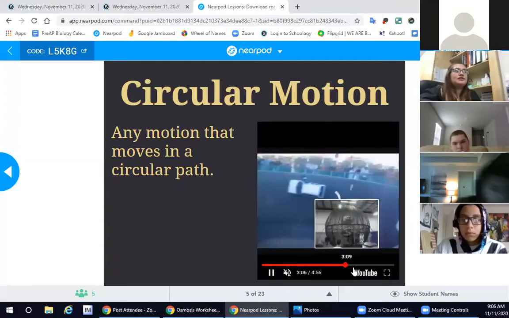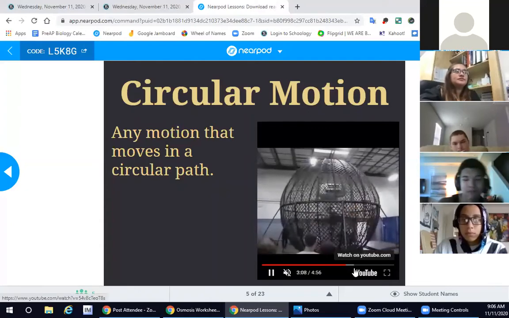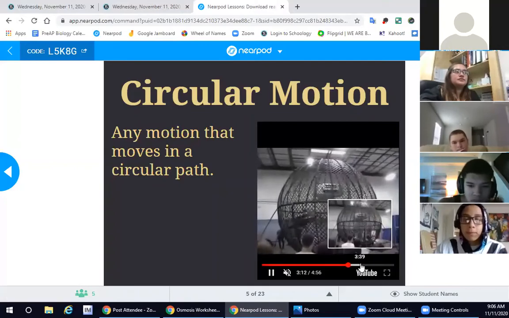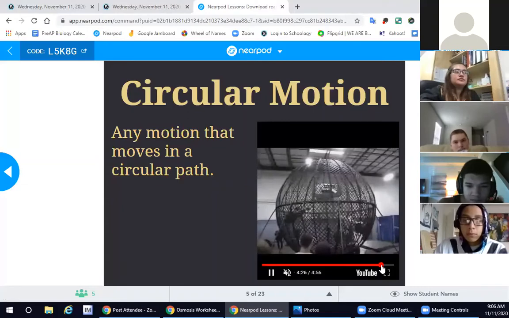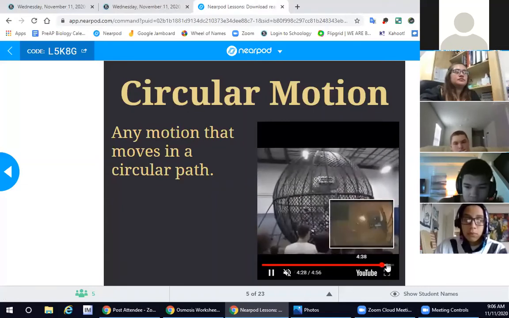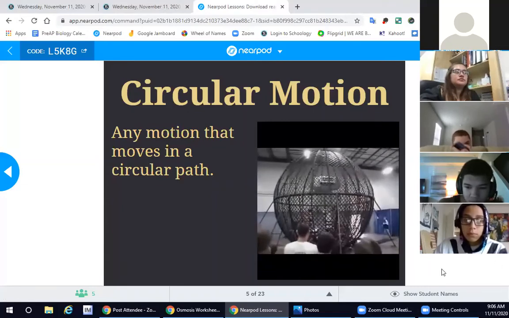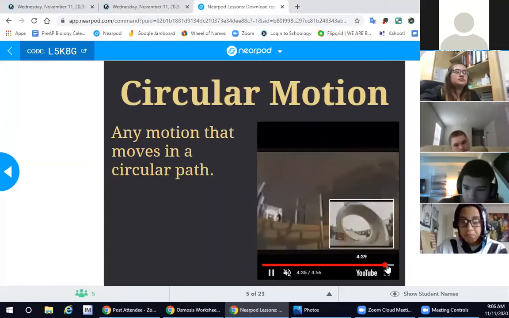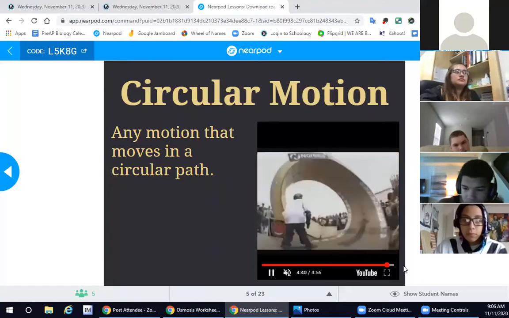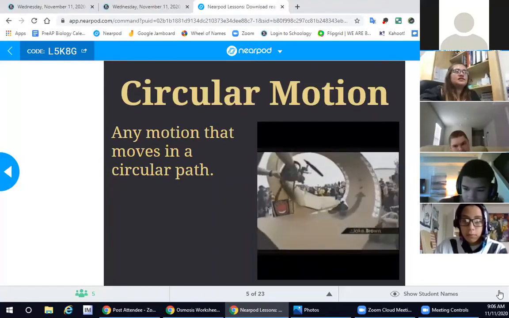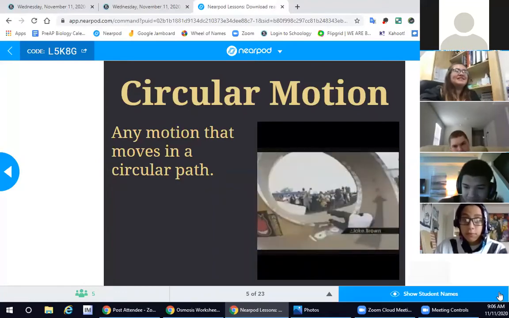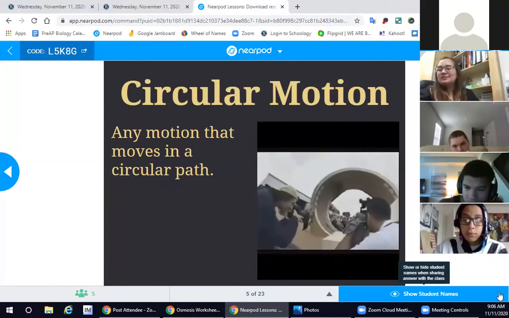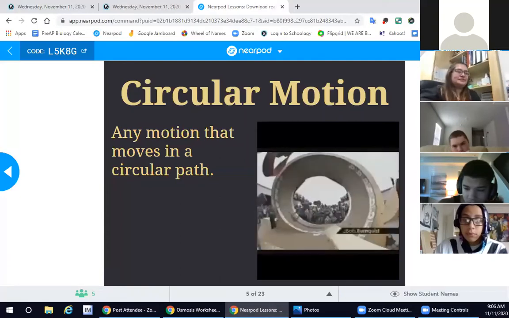Don't try this at home. So that's also circular motion. Again, you have to give enough force. And this also deals with momentum, but we're not going to focus on momentum.